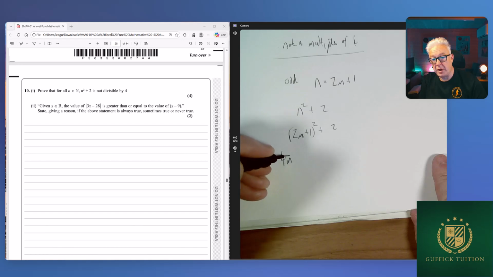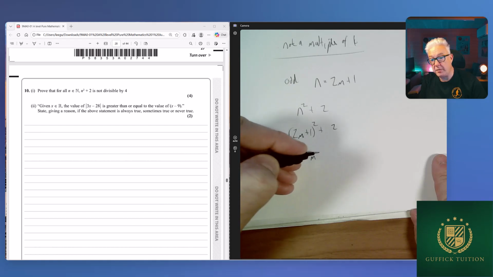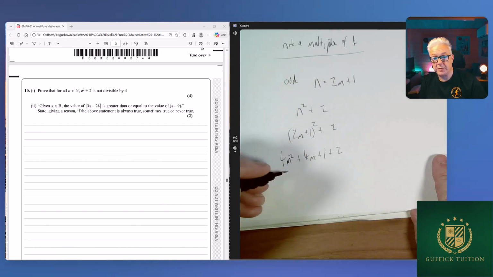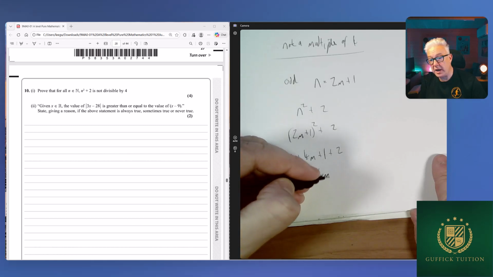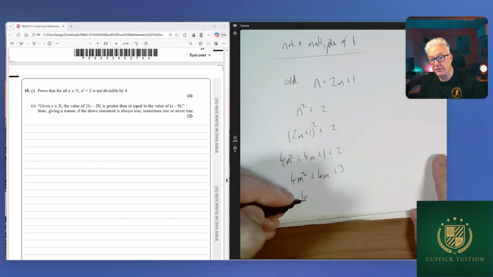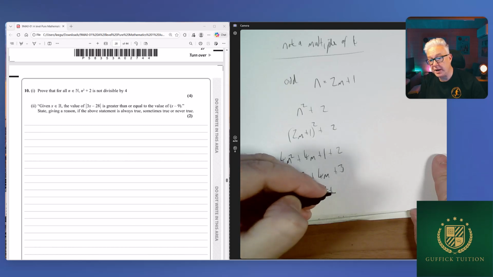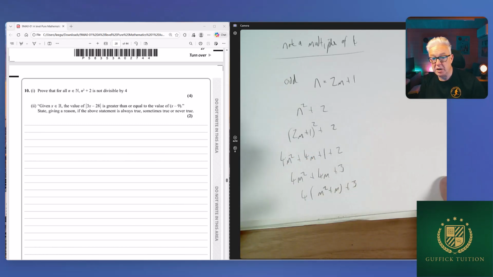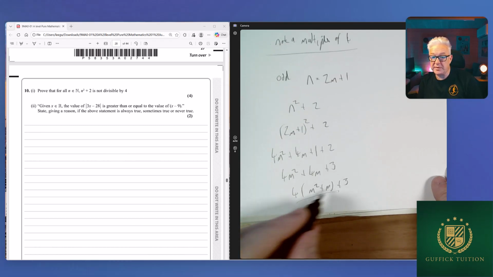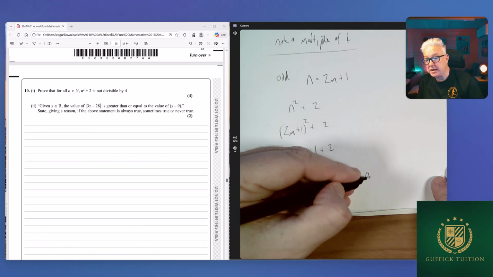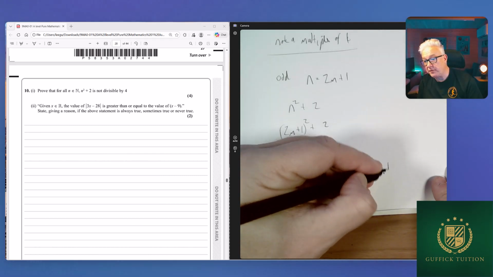So we have 4m squared add 4m add 1 add 2, which is 4m squared add 4m add 3, which is 4 times m squared add m, add 3. Again, because we've got 4 times something add 3, this is not divisible by 4.